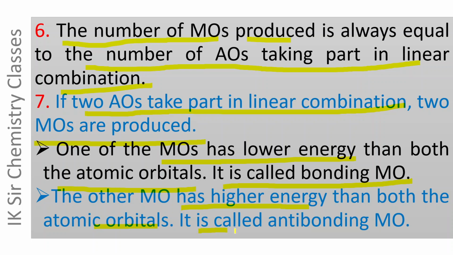It is called anti-bonding molecular orbital. Please note that the molecular orbital having lower energy than both the atomic orbitals is called bonding MO, while the molecular orbital having higher energy than both the atomic orbitals is called anti-bonding MO.